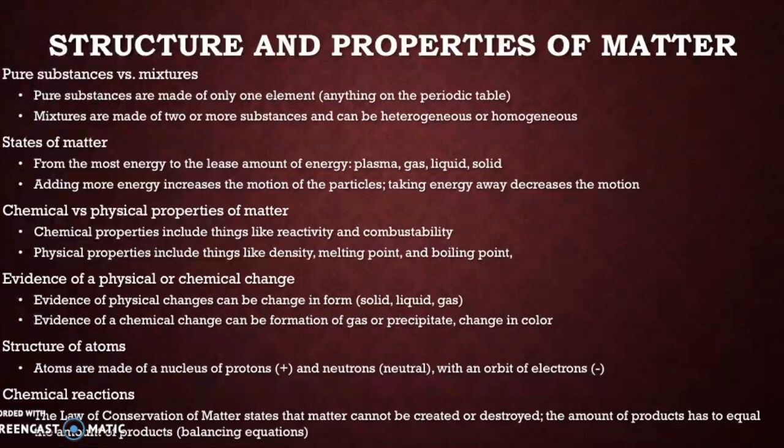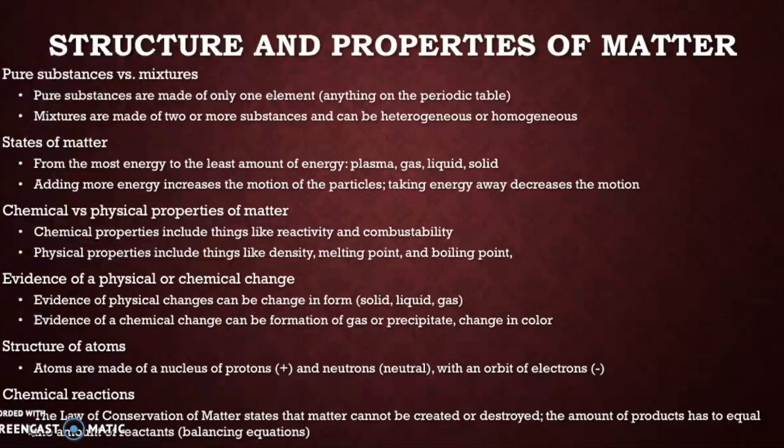Chemical reactions. So remember balancing equations. I think this was everybody's favorite part. Basically, balancing equations is just a model to show you guys the law of conservation of matter, which states that matter cannot be created or destroyed.